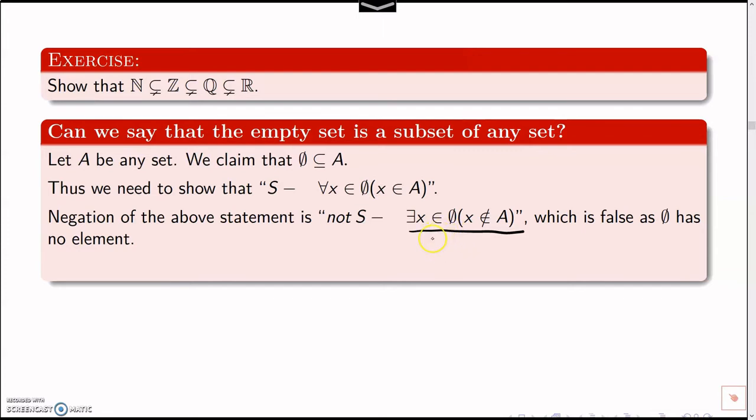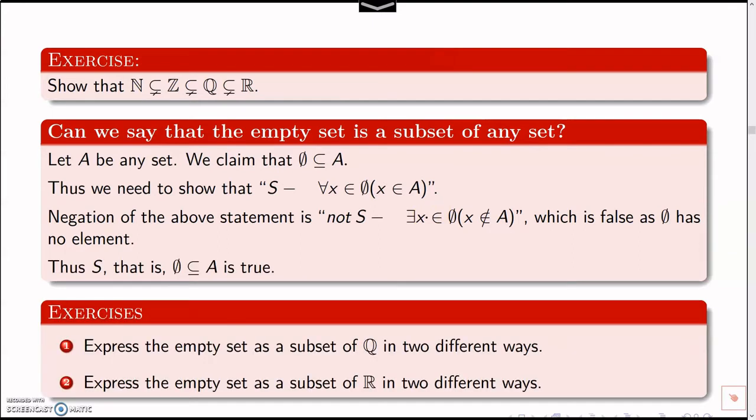So that's a contradiction. That means the negation of the given statement is false, and hence that forces the given statement to be true, and hence the empty set is a subset of every set.